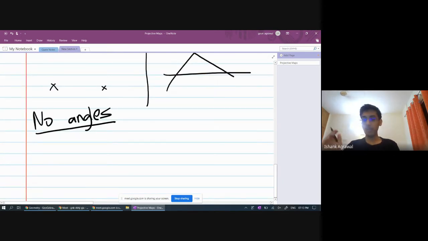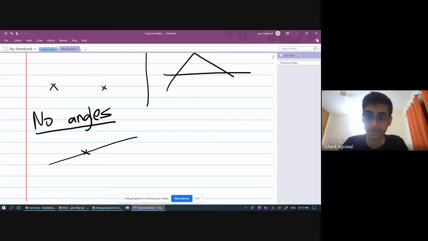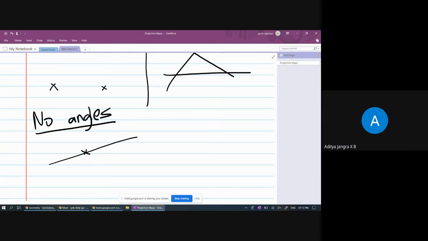Okay. So if we don't have angles, what does that mean we don't have? So basically we're just saying that a point lies on a line. We have no concept of an angle. Hey, can I say something? Yeah, of course. You're saying that there are no angles, means there are no intersecting lines?